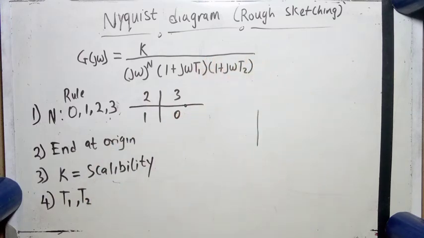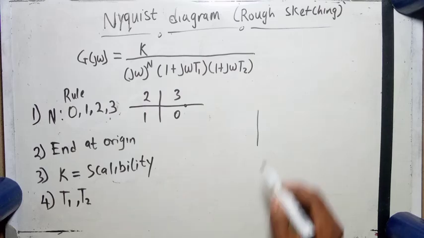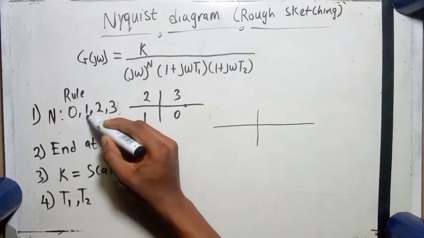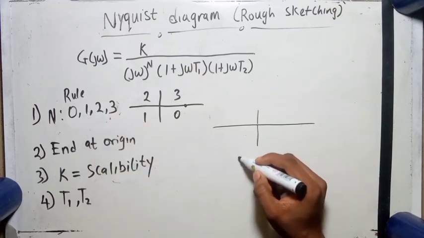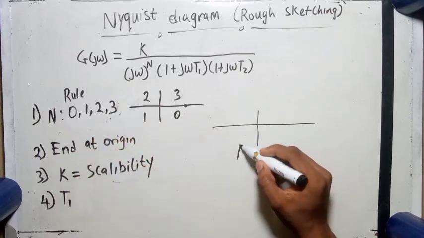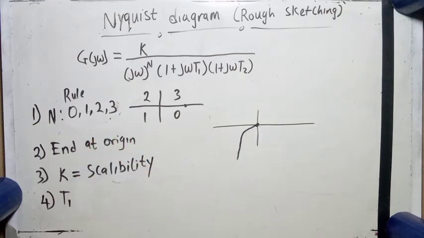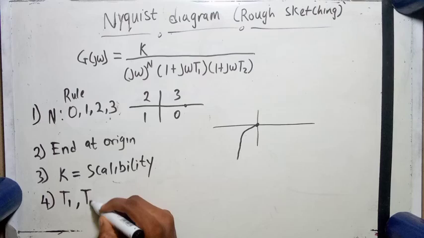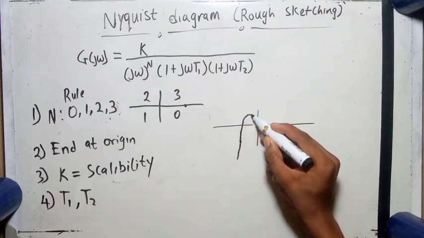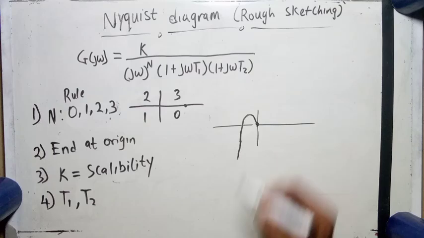When I say 1 turn, it will not pass more than 1 quadrant. So if it was only T1, let us say we are trying to use that of 1 when n is 1, and we're starting from here. When it's just T1, we don't have T2, we will just end at the origin point here. But when T2 is given to us, we will enter the second quadrant and still end at 0.